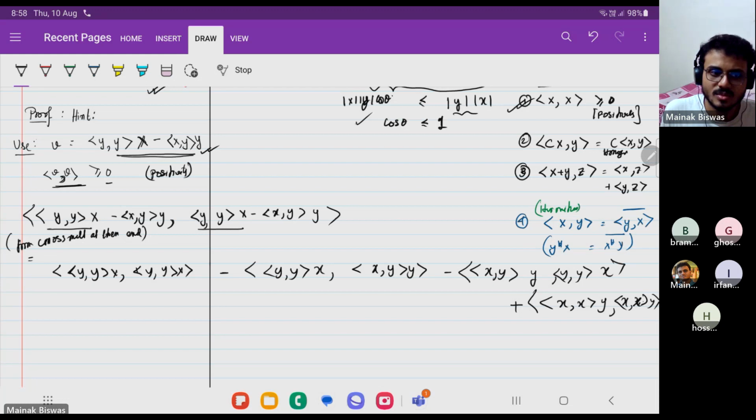Everyone? What I've done is I've taken this term as A, this as B, this as C, and this as D. Is my expansion clear or correct? Why did you not write XX at the end? Which one?